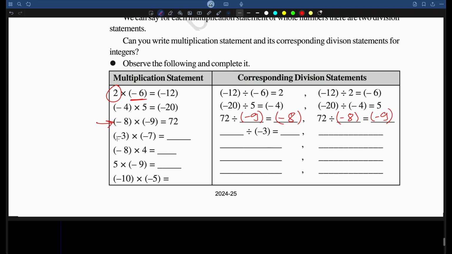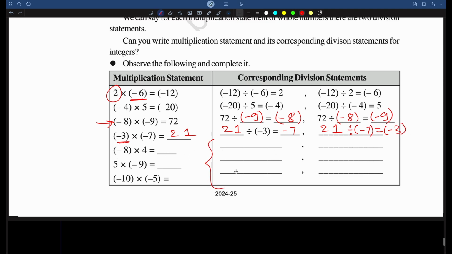If we see here that minus into minus is plus, and 3 sevens are 21, and if we send minus 3 to denominator, we get minus 7 as answer. And if we send minus 7 to denominator, we will get minus 3 as answer.